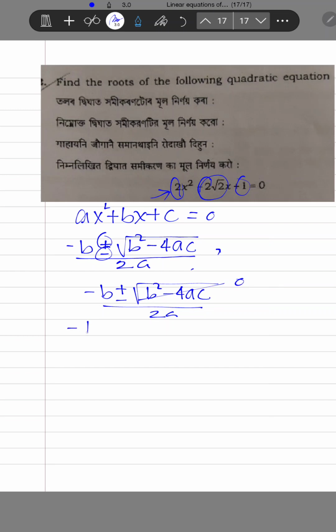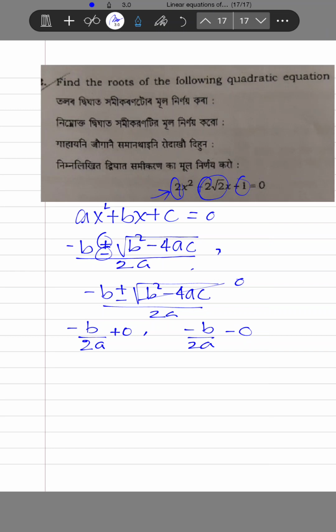So the two roots are minus b divided by 2a plus 0, and minus b divided by 2a minus 0. Adding or subtracting 0 on a given number doesn't change the number. That's why we can say we have only one root, or two identical roots.